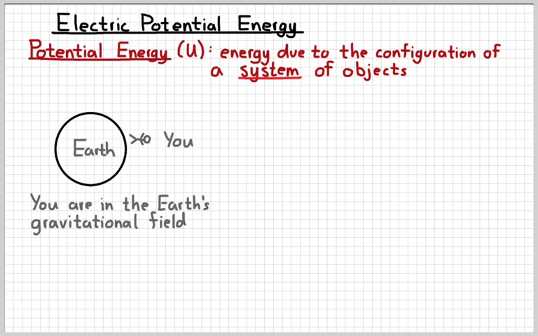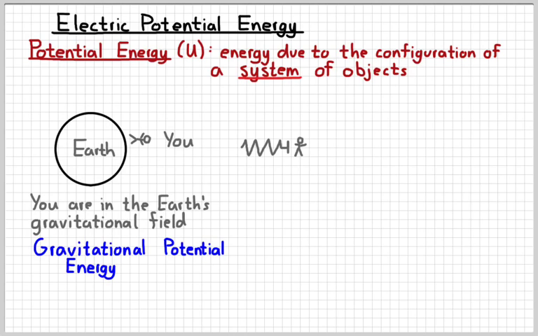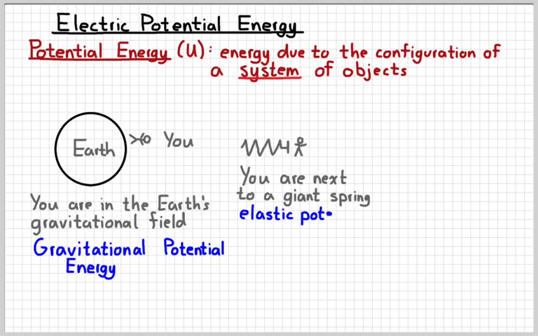You are in the Earth's gravitational field. Therefore, you have gravitational potential energy. Now, sometimes, probably not often, you stand next to a giant spring that's compressed. Therefore, you have elastic potential energy. Pretty rare for you, but it can happen.